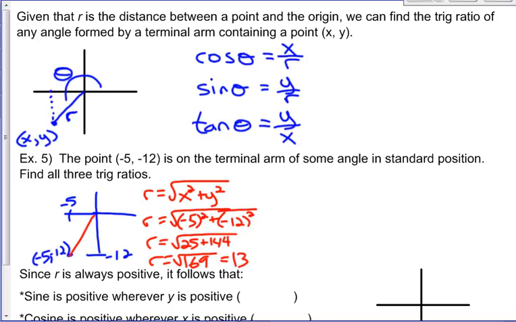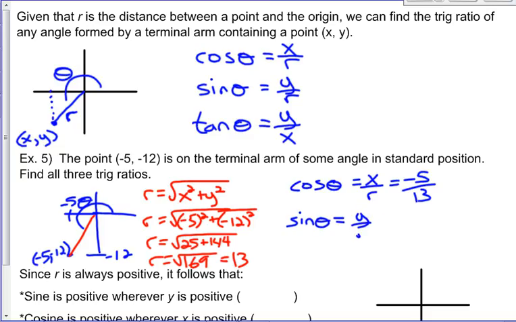From there, we can find all these trig ratios. The cosine of this angle, theta, is going to be the x value, which is negative 5, over the radius, which is 13. Okay, so I'll just show where that came from. X over r. The sine for this angle is y over r.